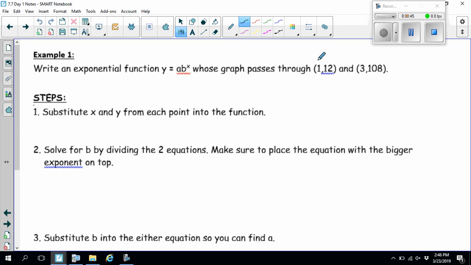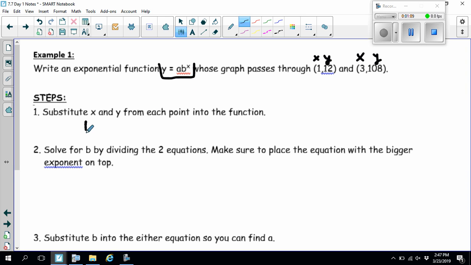So I'm going to go ahead and label my x and y value. So here's my x, and 12 is my y, and then same thing for 3 is my x, and 108 is my y. So now what I'm going to do is substitute those values into our general form. And they will always give you what the general form is on the problems.